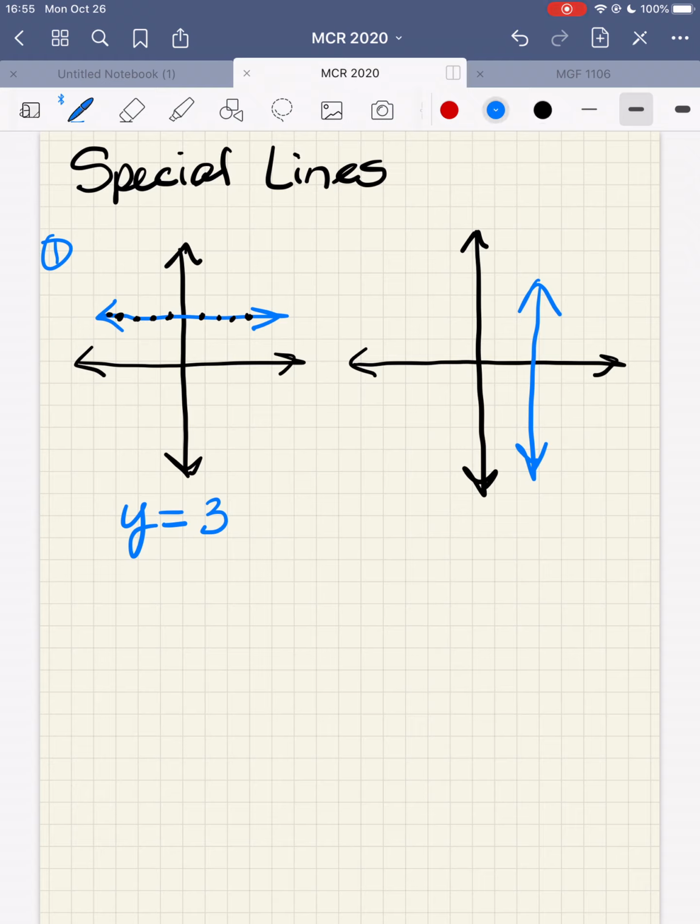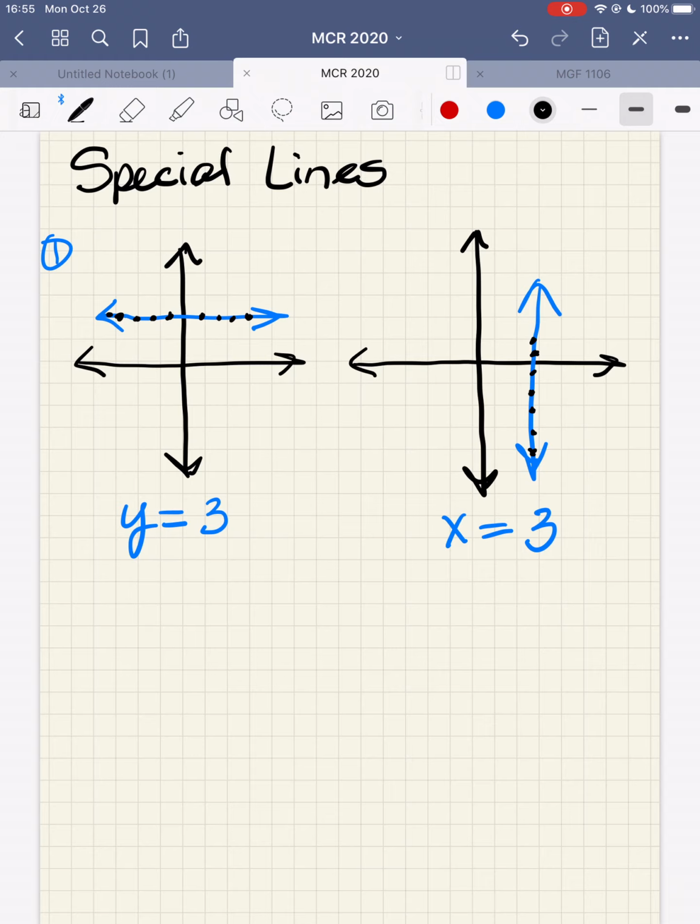If we look at the other line that goes up and down, it's going to be x is equal to, we'll also say it's 3. We don't really know because I didn't graph it nicely. The same idea is, even though it's parallel with the y-axis, every single point on this line should have the same x value. And so these equations will always be missing one of our variables.